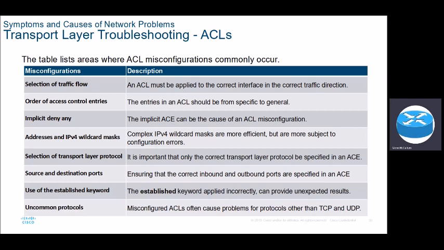Selection of transport layer protocol. So again, maybe you chose TCP instead of UDP or whatever it might be. Source and destination ports could be incorrect. The established keyword can be applied at the wrong line or something like that. Or if you've got uncommon protocols, they could be misconfigured as well.